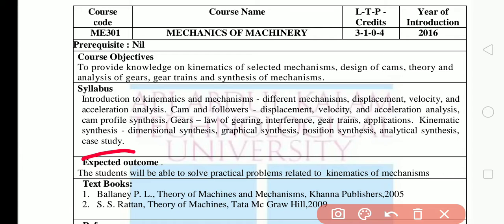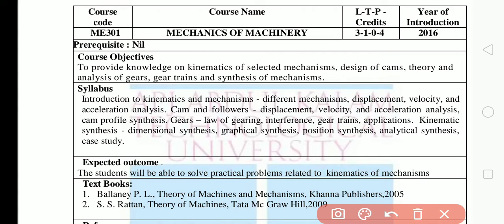So one case we will take and we will analyze that case, and we will think about various elements involved in that case, and we will make a mechanism for solving that particular problem. That is how the syllabus is distributed. So this is what you are expected to study from this particular course, mechanics of machinery.